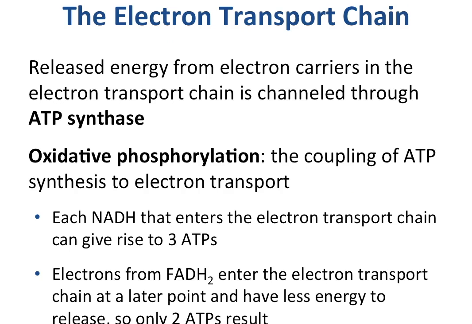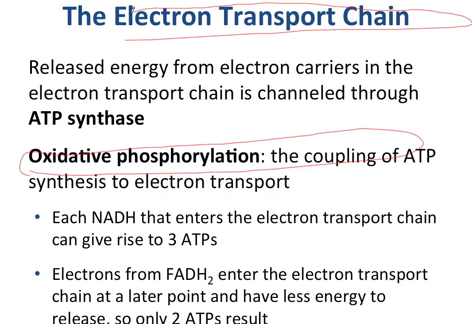So for aerobic respiration, the whole process is called oxidative phosphorylation, especially in the electron transport chain. Oxidative means that the free oxygen accepts the hydrogen and the electron.